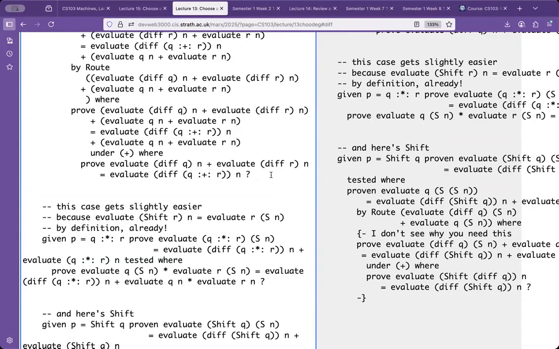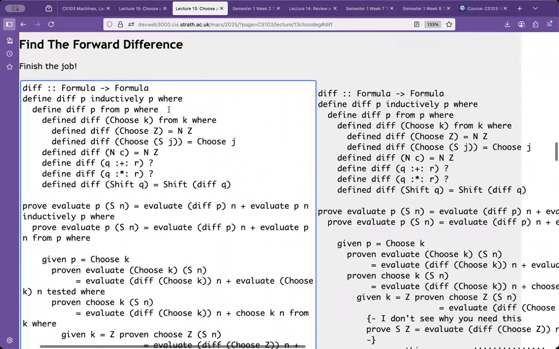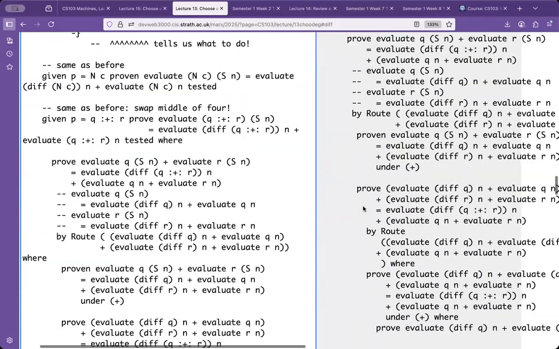Whatever diff q plus r is, it has to give you the same answer as evaluating diff q and adding the result of evaluating diff r. So that rather strongly suggests that we should define diff q plus r to be, you need an equal sign, diff q plus diff r.